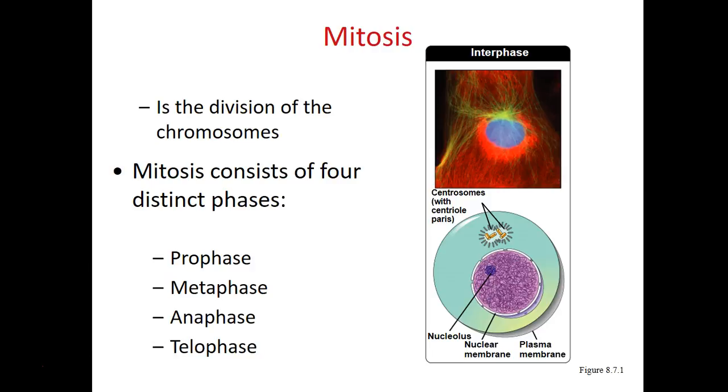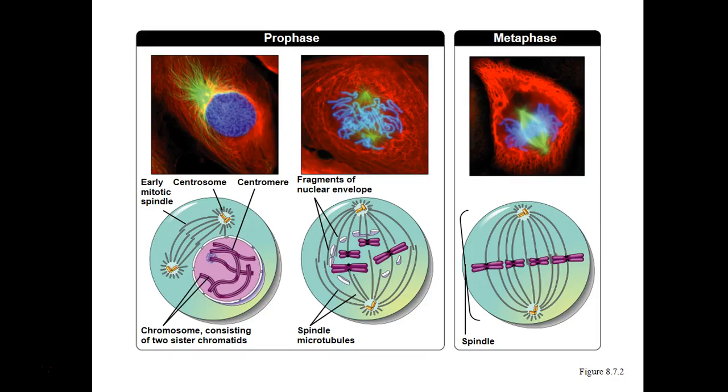So what are the four phases of mitosis about? Well, I want you to realize that while we define them into four distinct phases, this is a continuous process. So during prophase, chromosomes form.